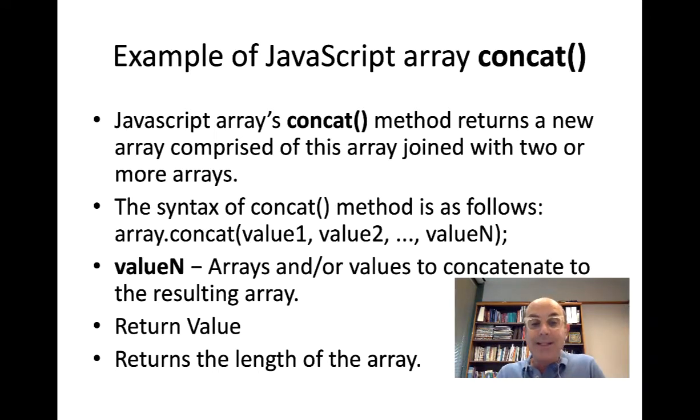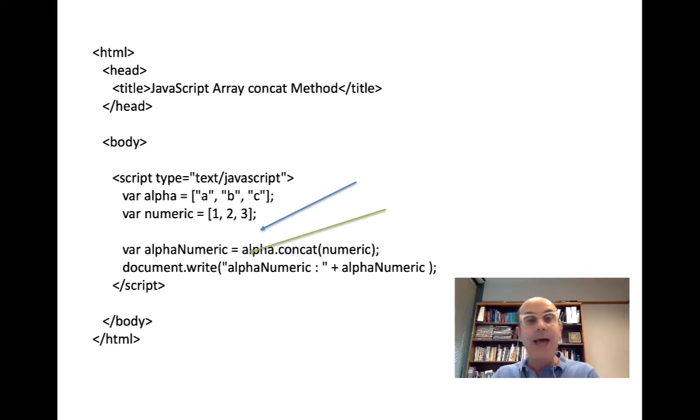For example, we have a variable alpha, A, B, C, and a variable numeric, 1, 2, and 3, and we can combine them together.